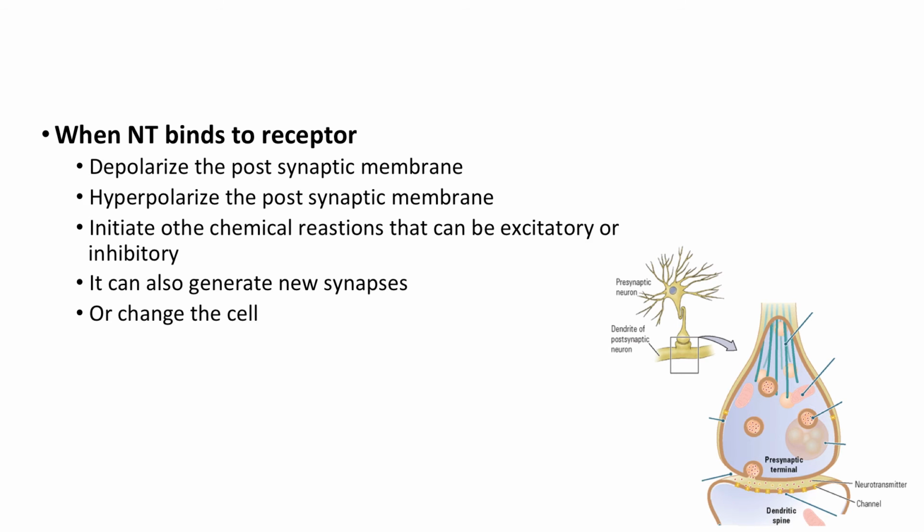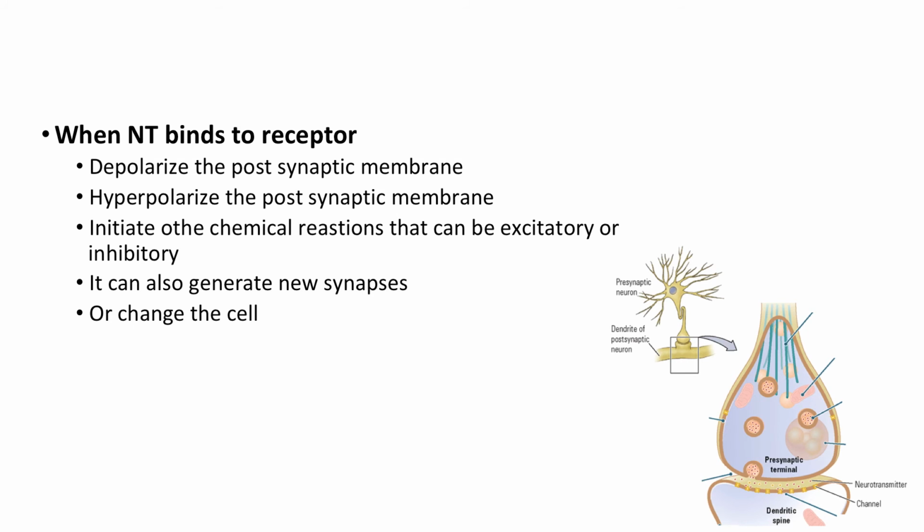They can also do the opposite, and they can inhibit the next cell. They can hyperpolarize the postsynaptic membrane, so they make the inside of the next cell a little bit more negative, which takes it further away from threshold, and therefore this cell is less likely to fire an action potential.